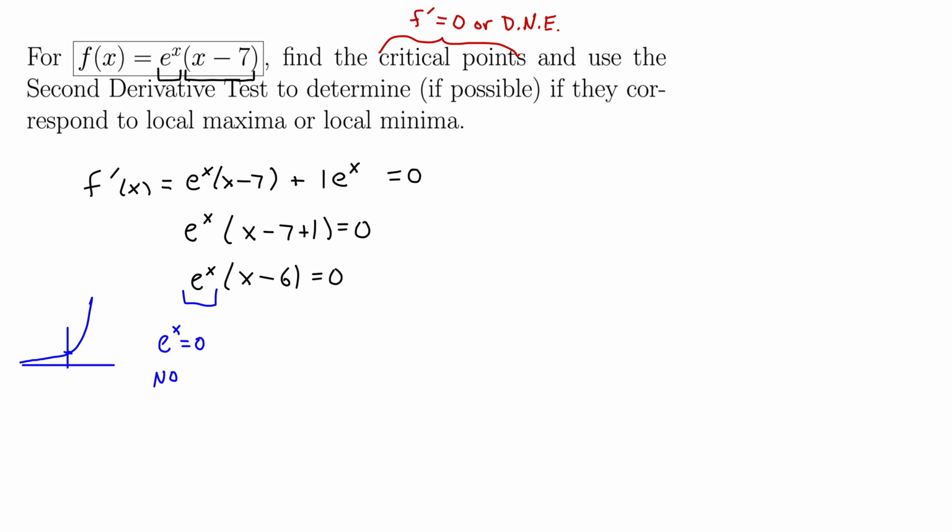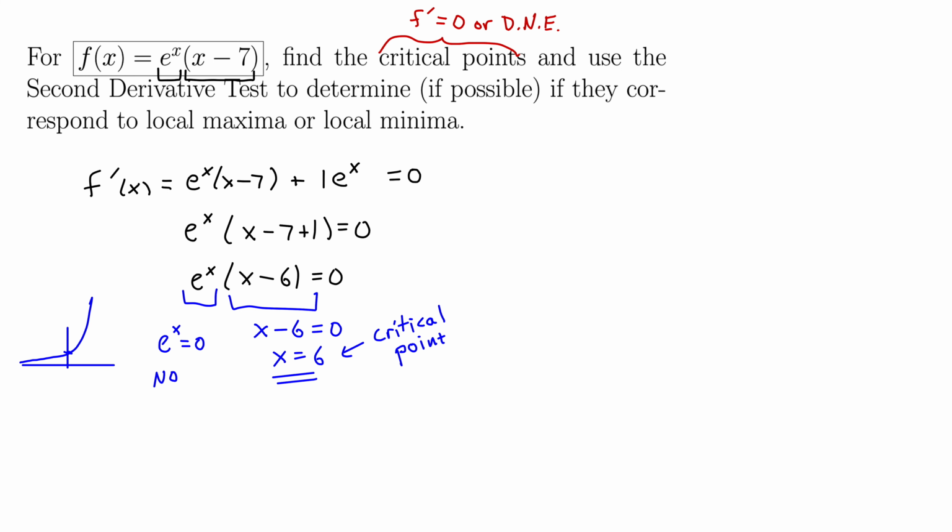And by carry around, I mean mentally carry around. It answers a lot of questions about exponentials. This same graph works for any exponential function with a base greater than 1. And it answers a lot of questions about the function in one simple picture. So there's no way for that to be equal to 0. However, we can clearly get x minus 6 equals 0, which gives us x equals 6. So there's our critical point.